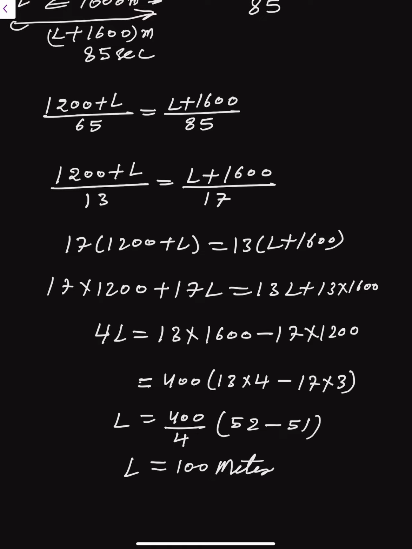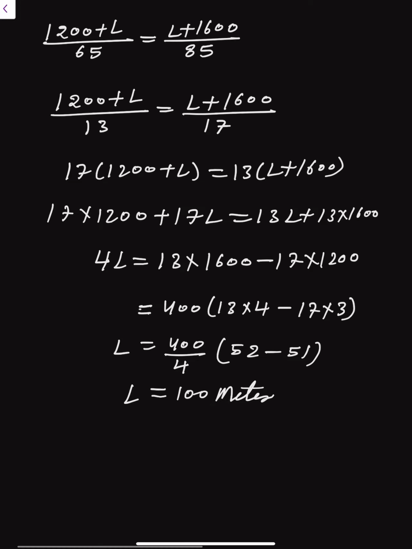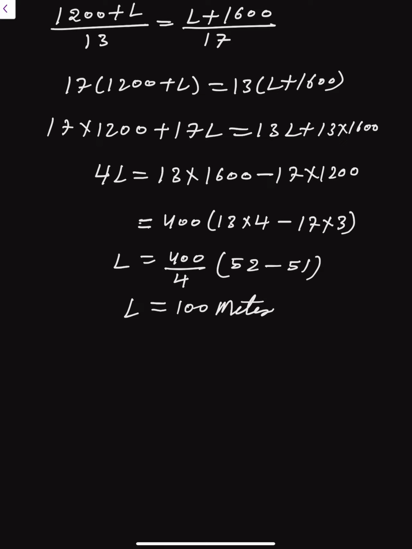Okay, so the train length is 100 meters. Now what about the speed? Simply put that value, L, 1200 plus 100 divided by 13. So simply what about that value?